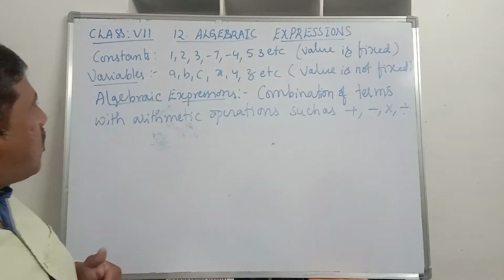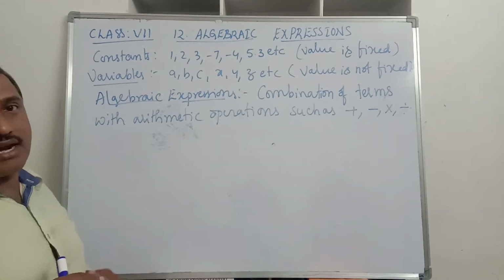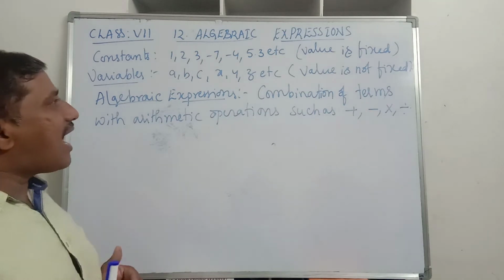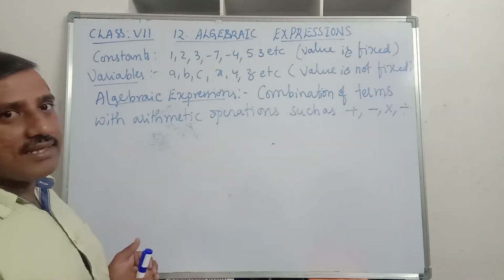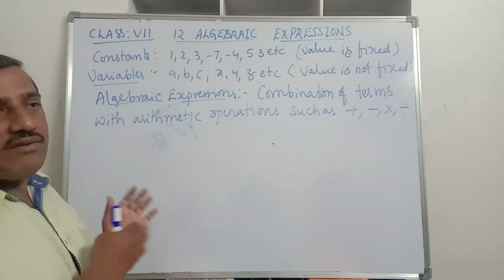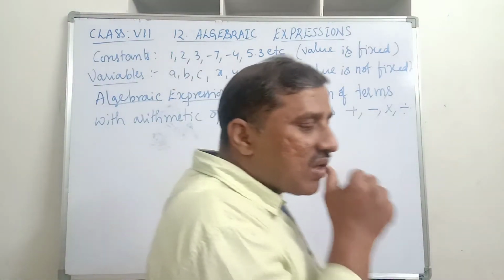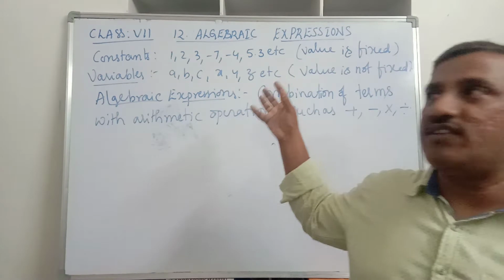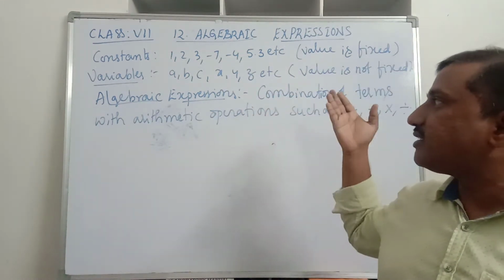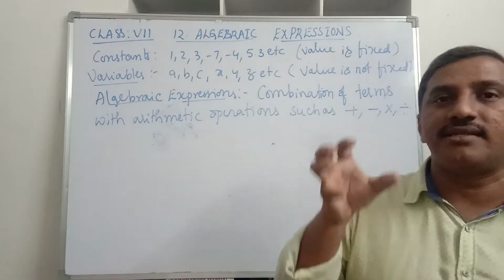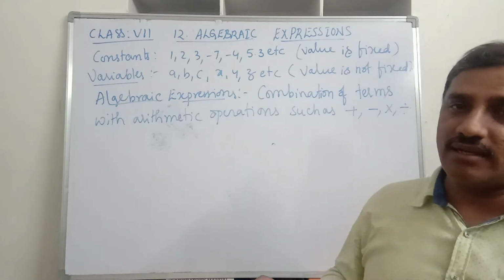Now in this chapter, Algebraic Expressions in class 7, we will first revise what we studied in class 6. After that, the introduction of this chapter covers constants, variables, algebraic expressions, terms, and factors.